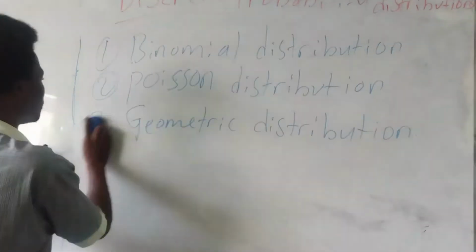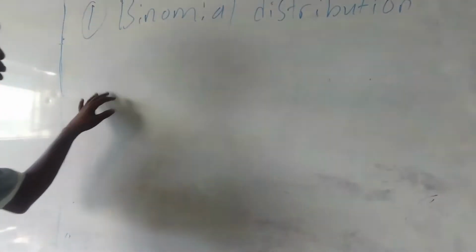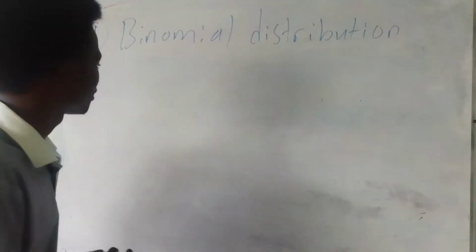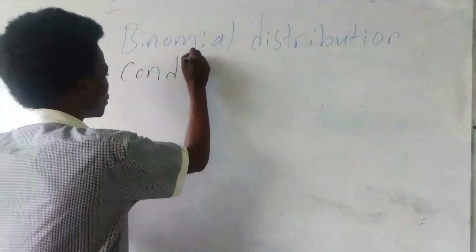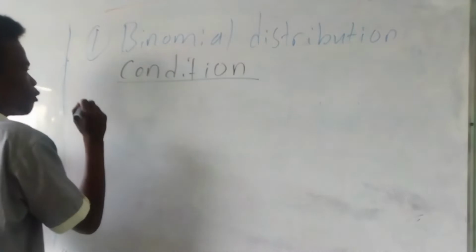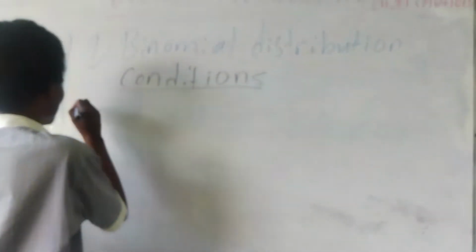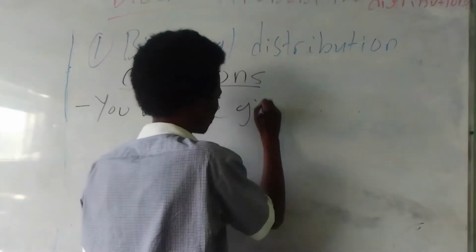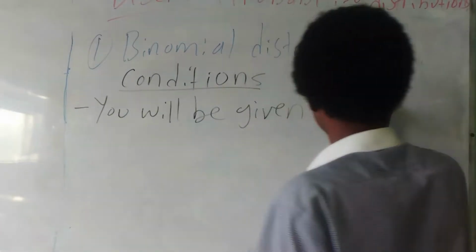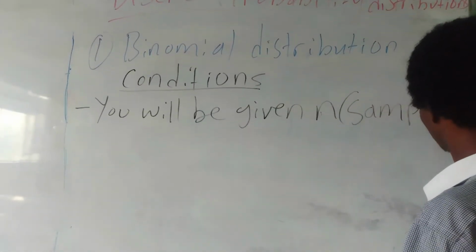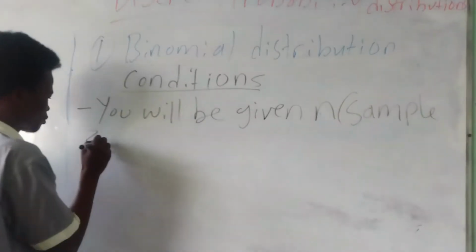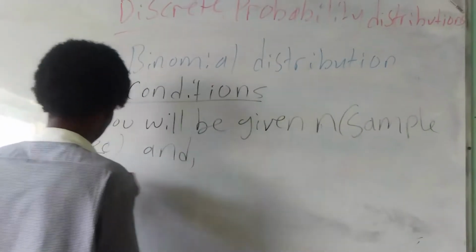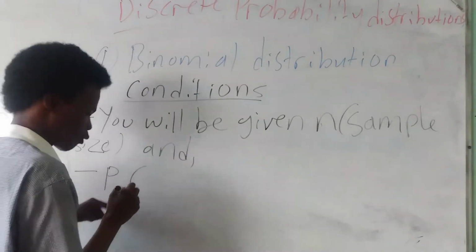So binomial distribution. These are the conditions for identifying a binomial distribution. You will be given n, the sample size, and p, which is the probability of success.